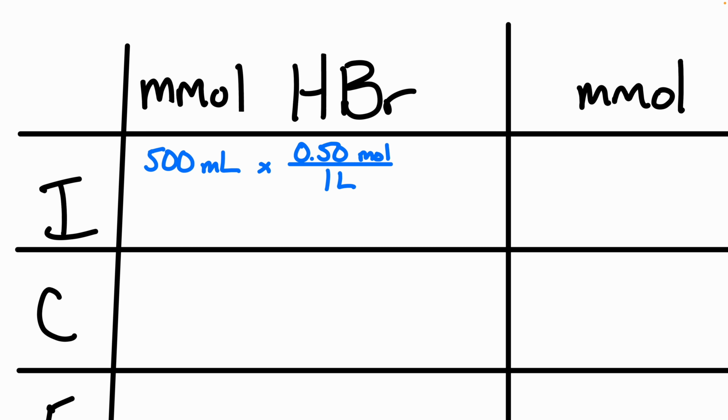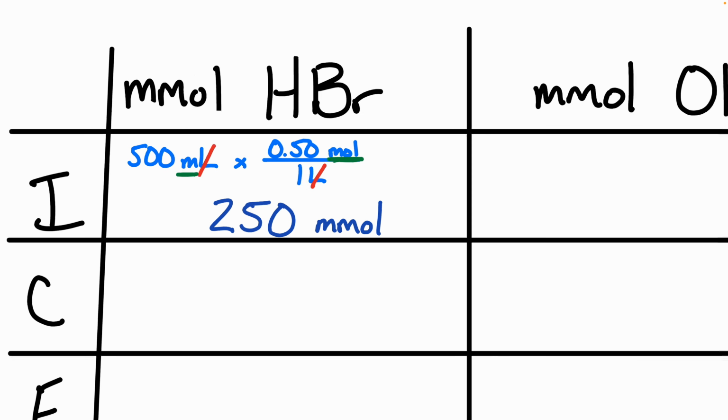The liter part cancels out, leaving me with units of milli and mole. All right, so I am going to start this reaction with 250 millimoles of HBr, of hydrobromic acid.